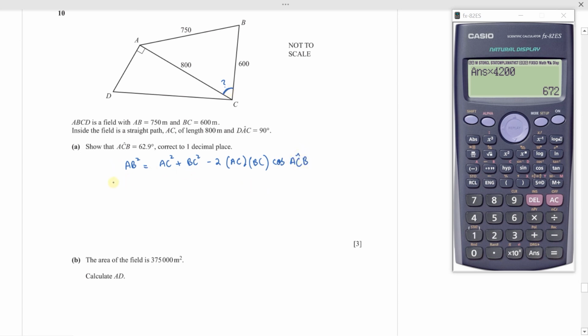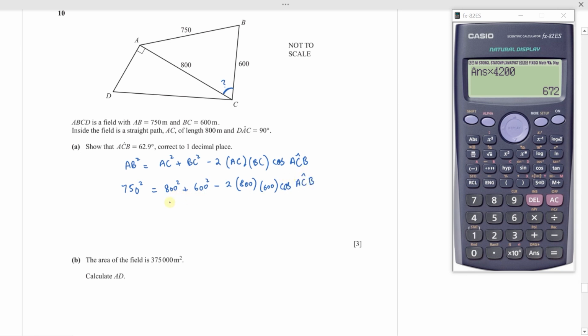So now let's substitute the values here. I will have 750 squared equals 800 squared plus 600 squared minus 2 into 800 into 600 into cos of angle ACB.